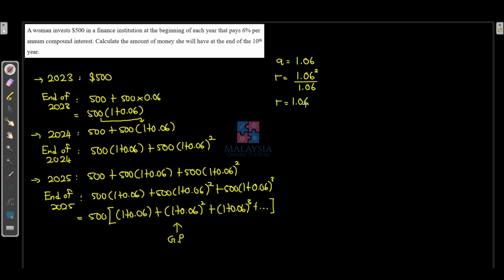Now, how much money will she have at the end of the 10th year? We know that end of 2023 is going to be T1, this is going to be T2, this is going to be T3, and so on. So what we want right now is T10.